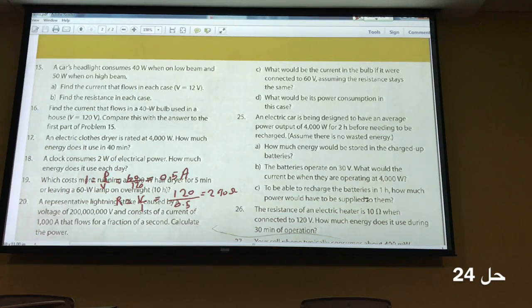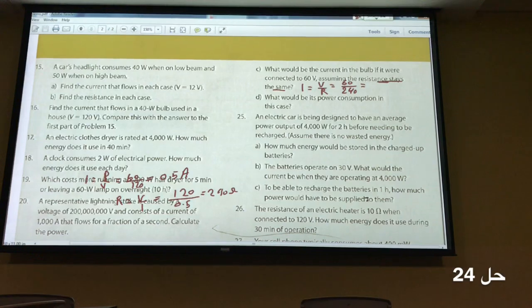C. In C he changed the voltage, and he wants you to find the current, which equals V over R. Change the voltage, so the P has changed already. So you have to use Ohm's law. 60 over the resistance, 240, because he said it stays the same.